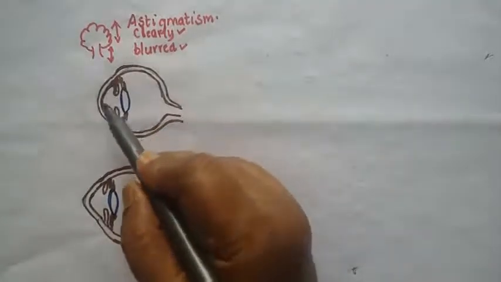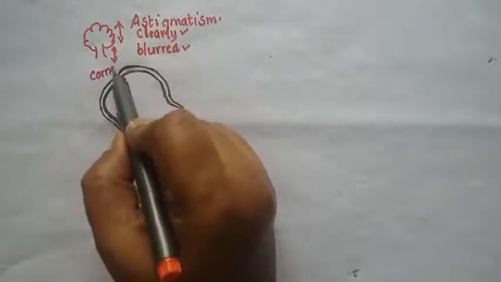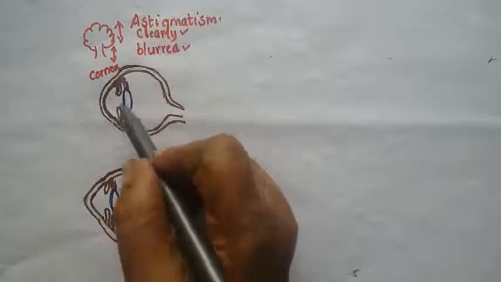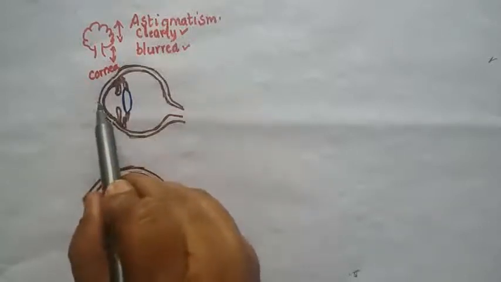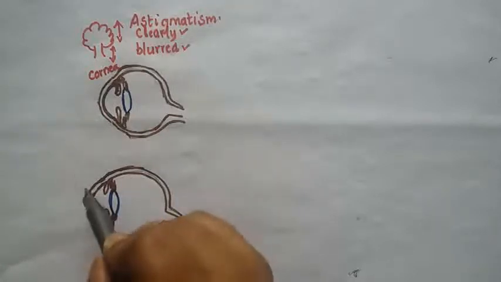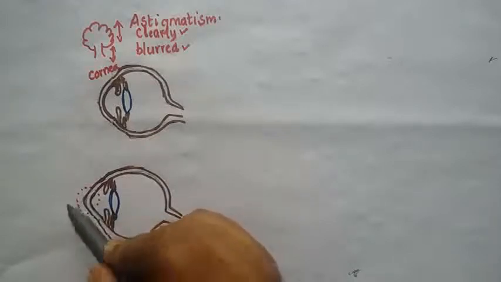So if you observe, this is the cornea, the transparent part of the sclera. If you observe this cornea, as we have seen in the second diagram, you can see that the front part of the cornea is slightly projecting.